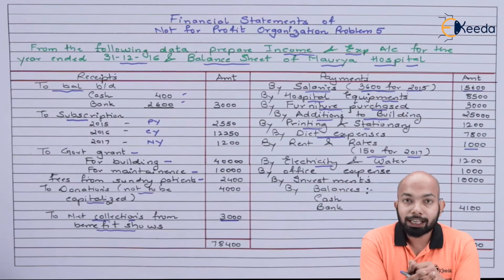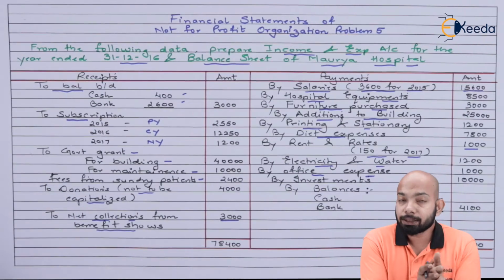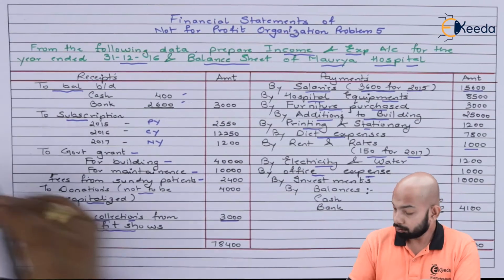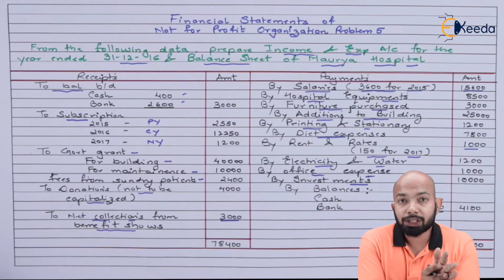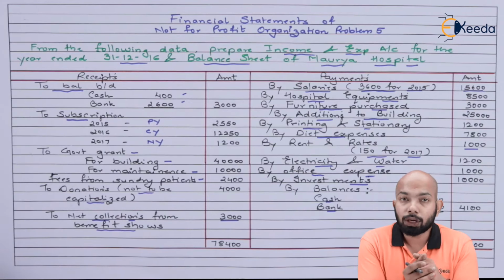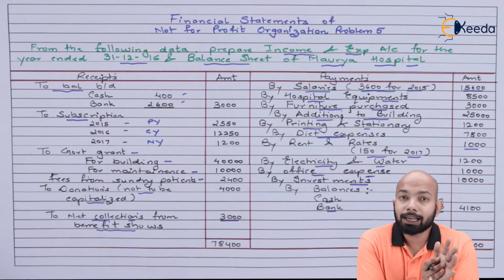Electricity and water charges have been mentioned here. We have office expenses also mentioned, and the last one is the investments that have been made. Now we have the closing balances of cash and bank as well, total amounting to 4,100. Now this is only the receipts and payments that we have figured out.